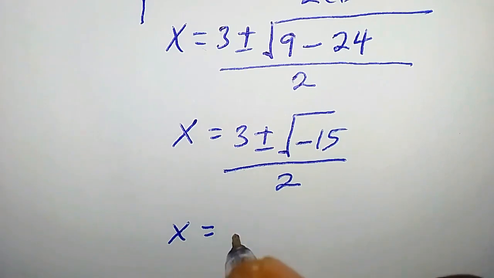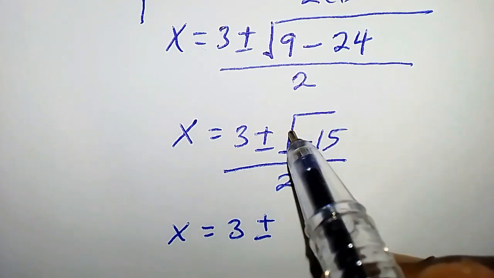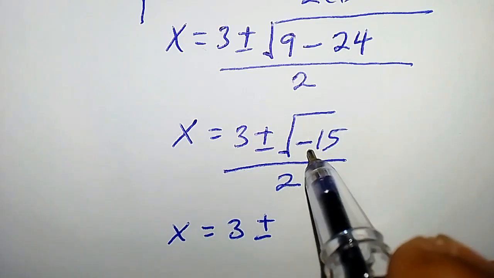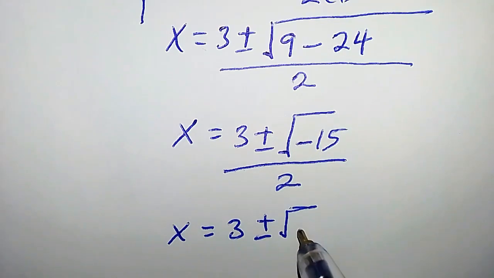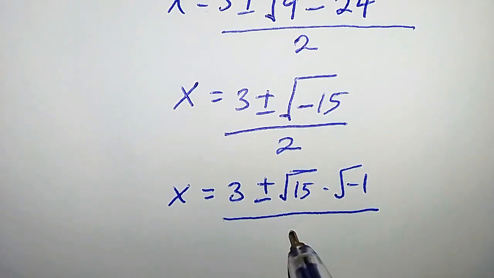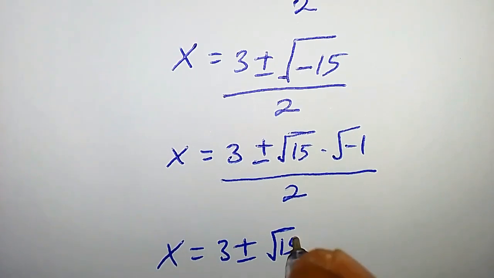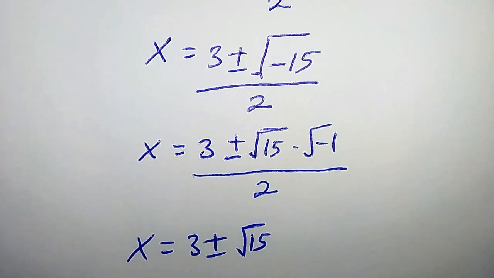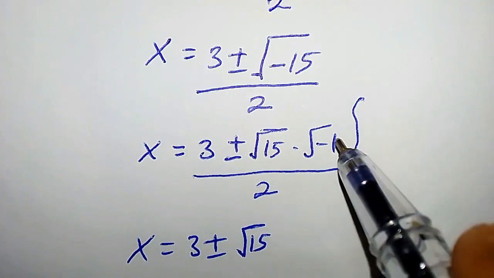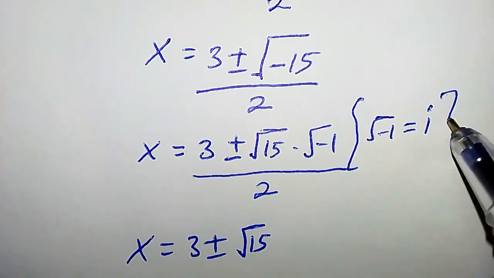Let's continue. x is now equal to 3 plus or minus. I can rewrite the square root of minus 15 as the square root of 15 times the square root of negative 1, over 2. Don't forget, from complex numbers, the square root of minus 1 is equal to i.